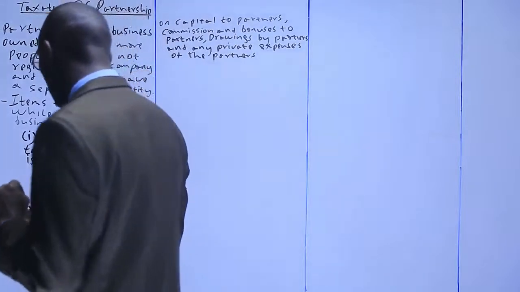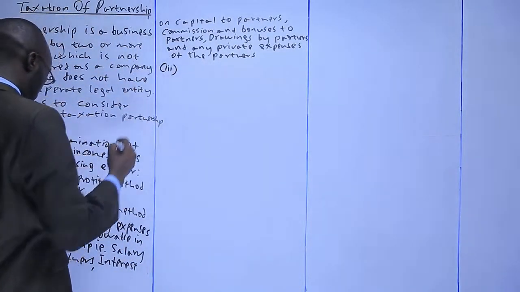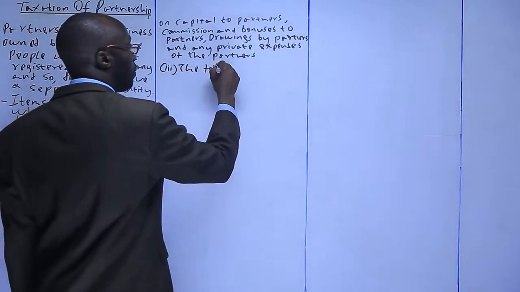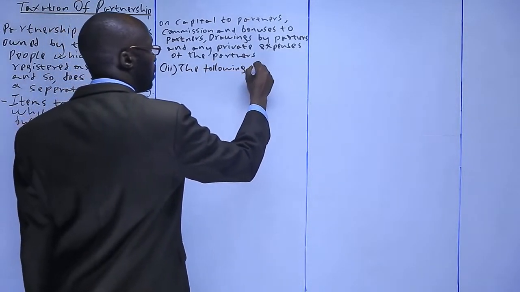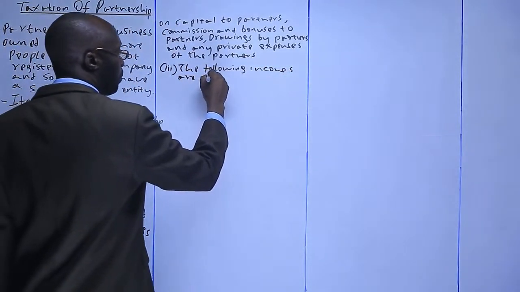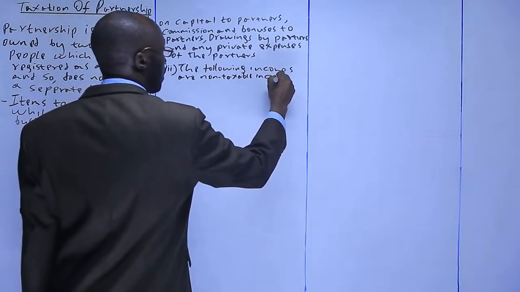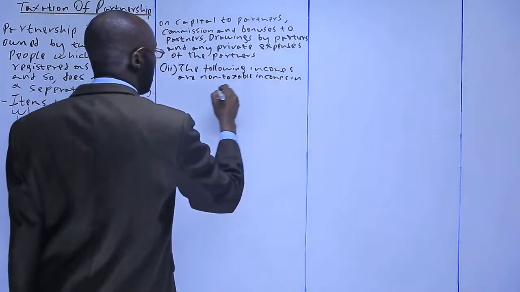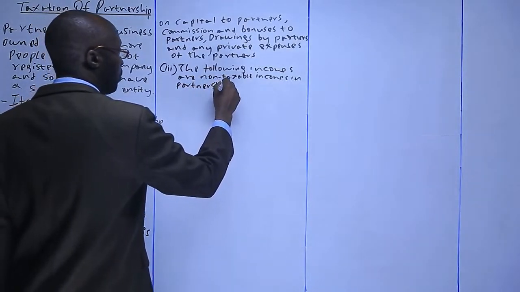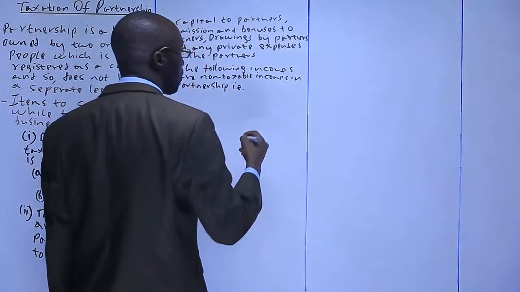The third one that you need to consider, the following incomes are non-taxable incomes in partnership, i.e. what are those incomes that are not taxable?